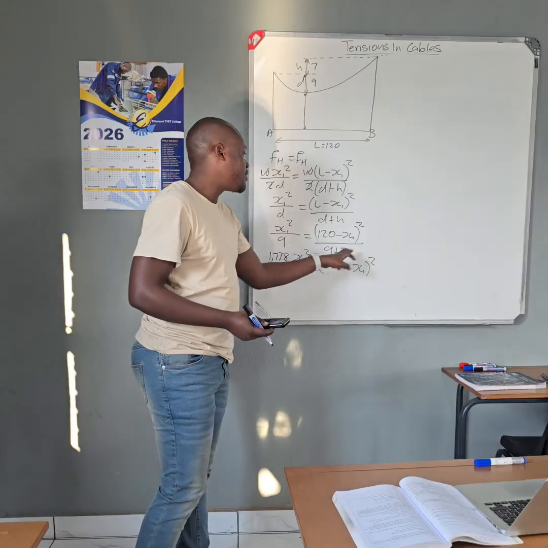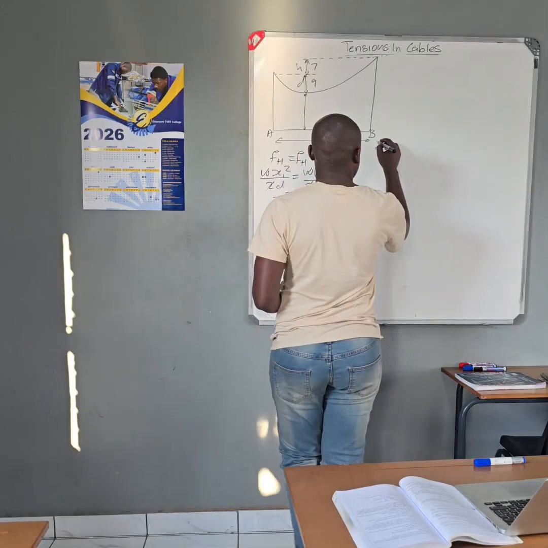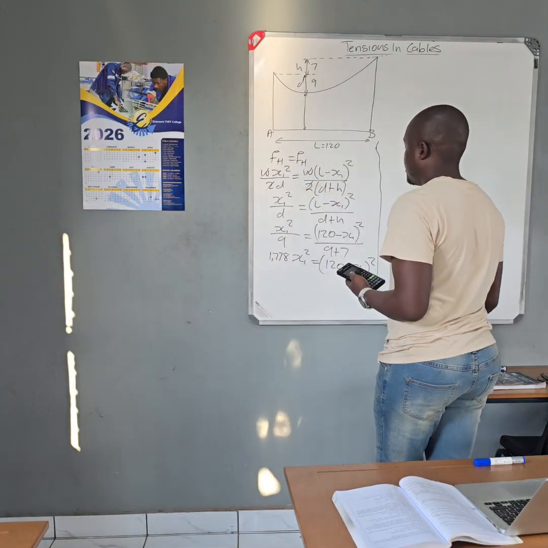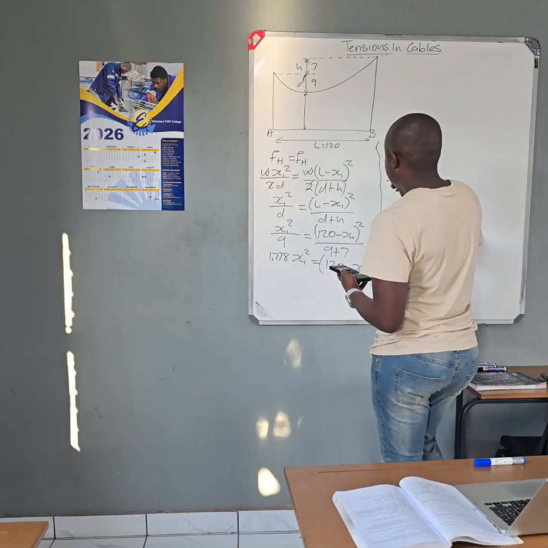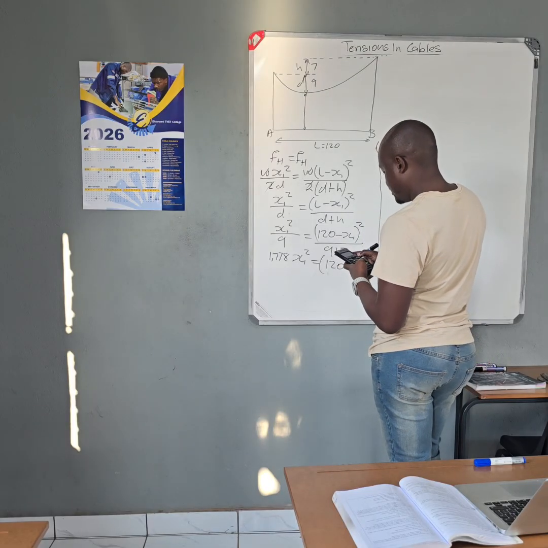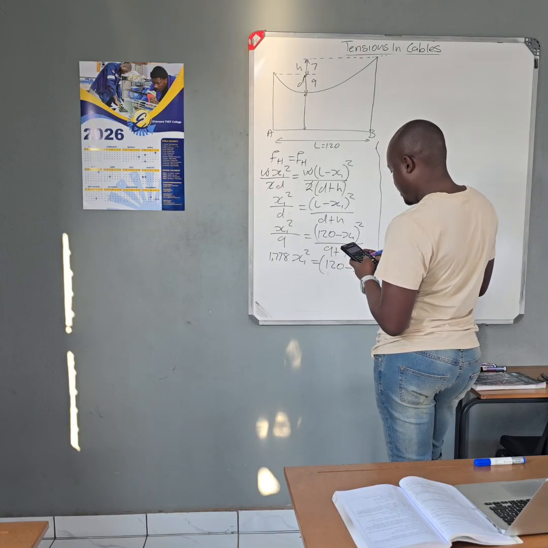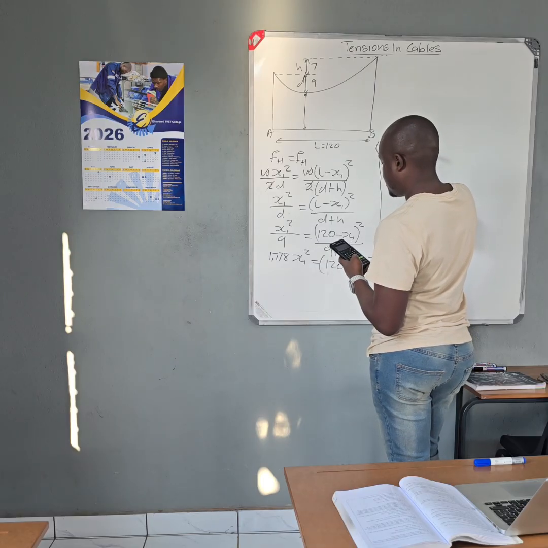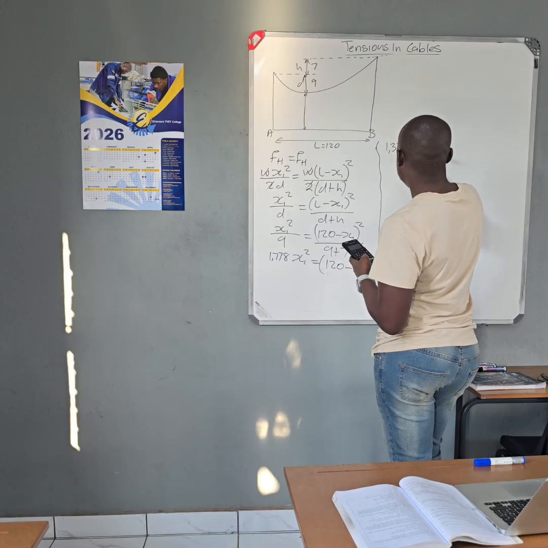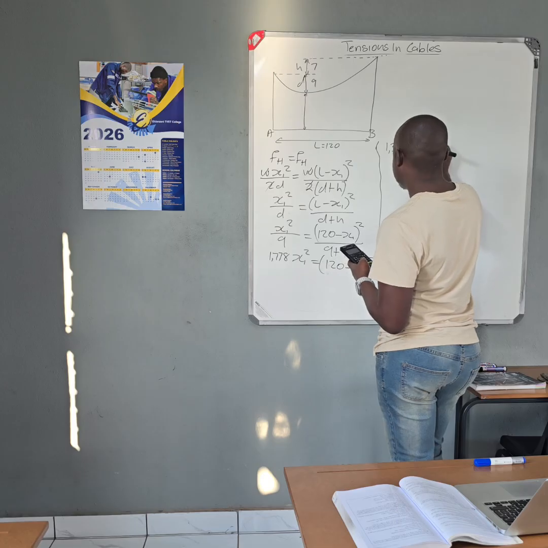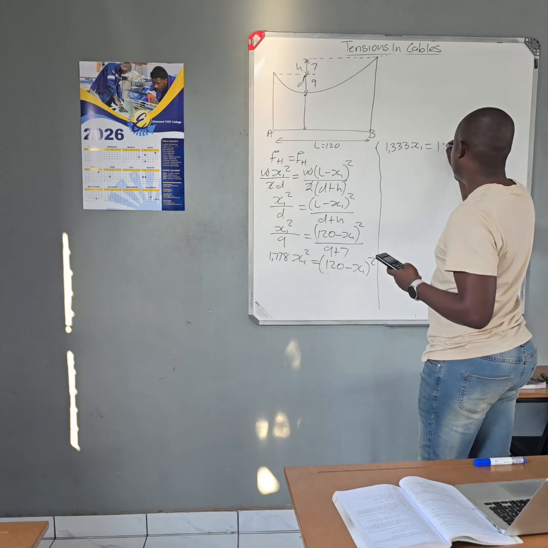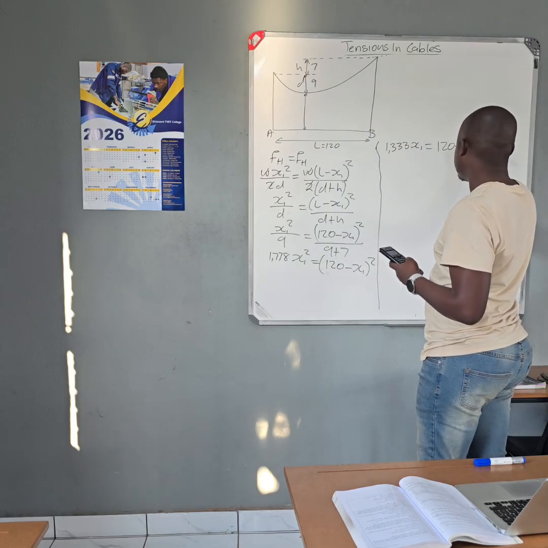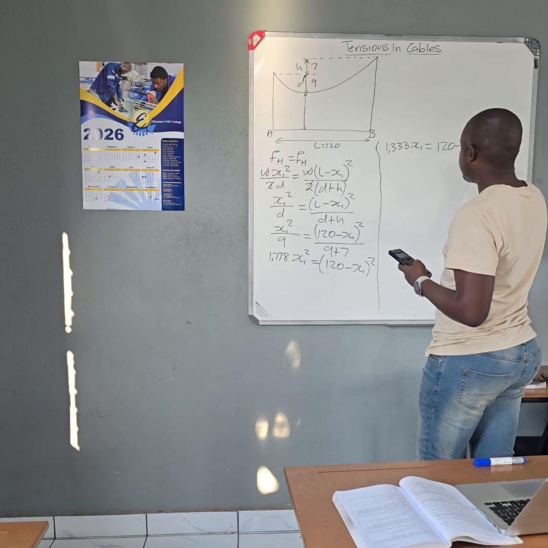Then I put a square root on both sides. So, what is the square root of 1.778? It is 1.33. x1 is going to be equal to 120 minus x1.